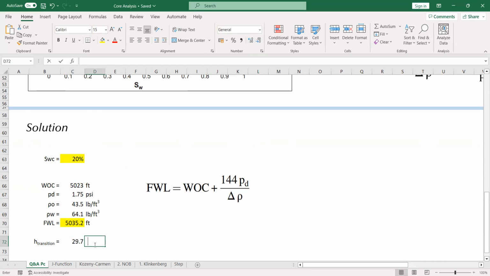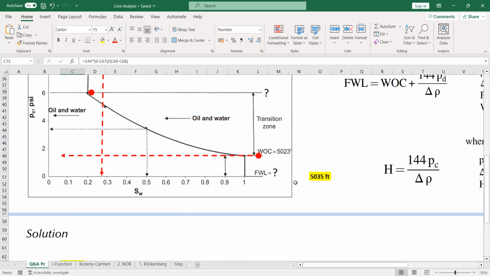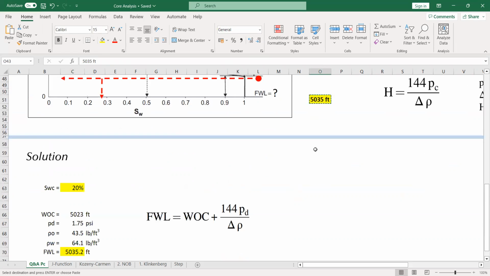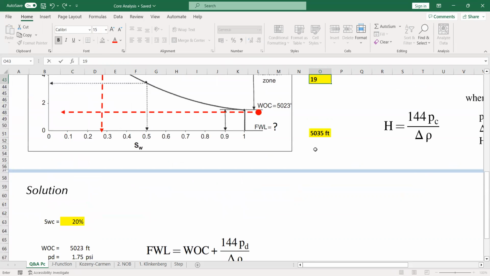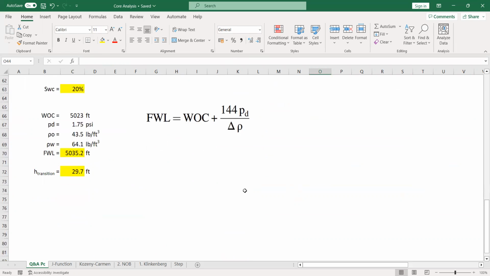Something like this. Very easy, right? So the transition zone thickness is 29.7 feet. Very easy and very interesting.